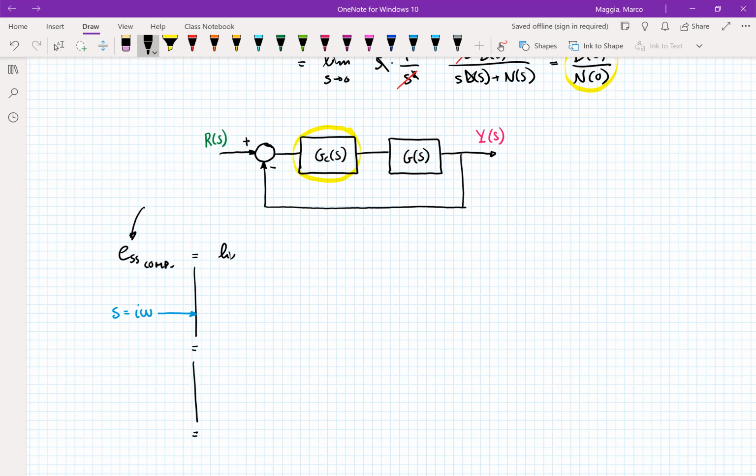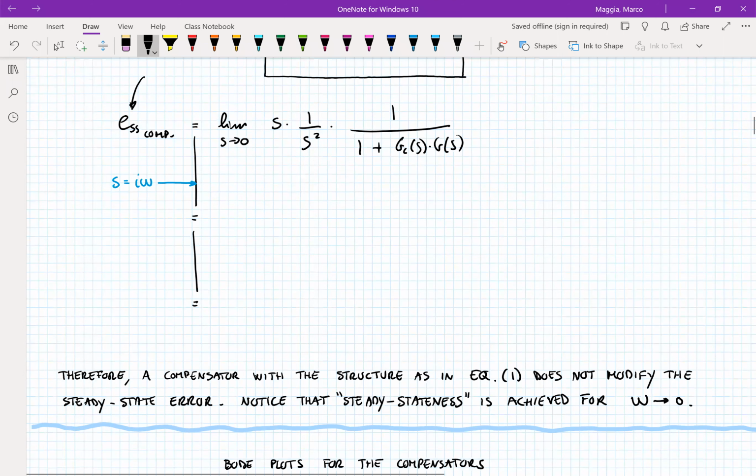So now the steady state value of the error is, once again, s times r of s, which is 1 over s squared, but now we have 1 over 1 plus Gc times G. What we are doing now is to substitute s equals i omega. So technically, we're switching our variable from s to omega. So if s goes to 0, then omega goes to 0.